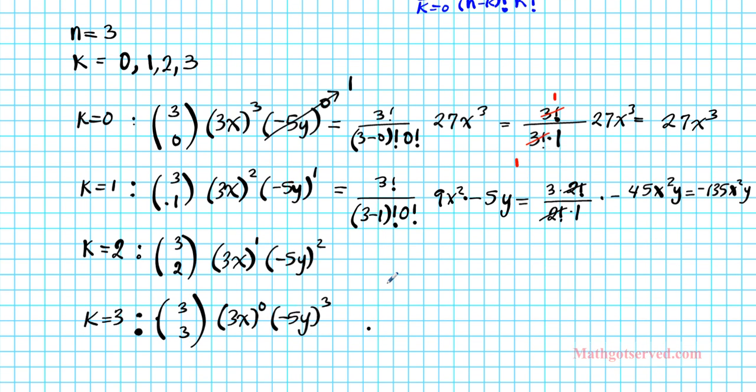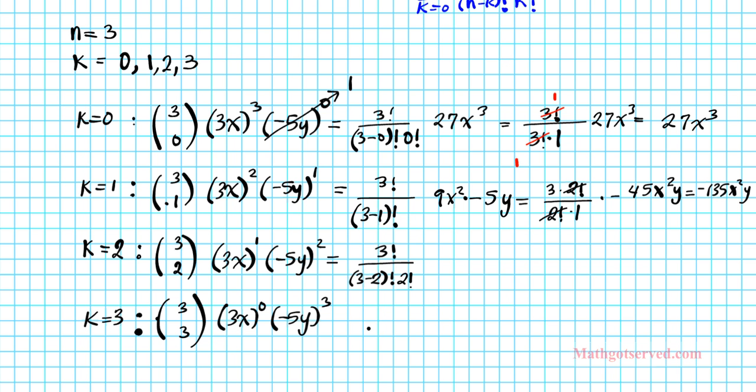Now the third term, we're going to have 3 choose 2. That's going to be 3 factorial over 3 minus 2 factorial, 2 factorial. Okay, I made a mistake up here, but it kind of cancels out. That's supposed to be 1 factorial.